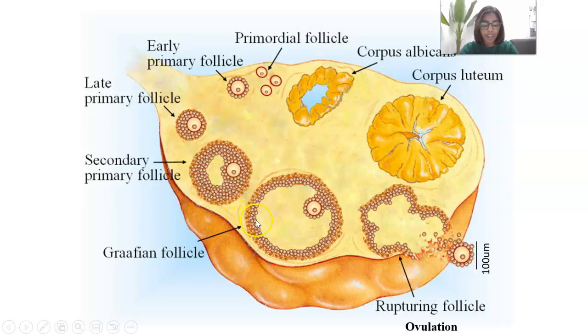That mature secondary follicle, sometimes known as a Graafian follicle, will start to push its way to the edge of the ovary wall, and eventually it will rupture, releasing the egg. A clot will form, and we will have the formation of the corpus luteum, which is formed from that clot and the ruptured follicle. The corpus luteum, if it's not maintained due to pregnancy, will start to break down into the corpus albicans, and the cycle continues on again.